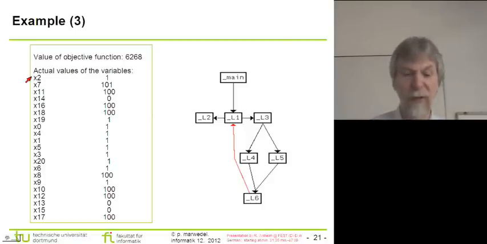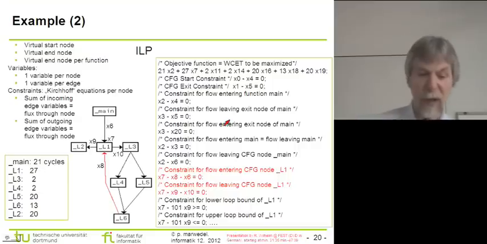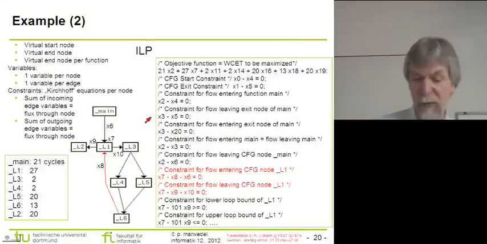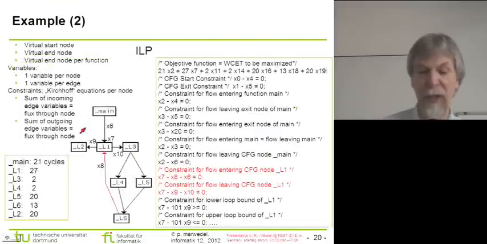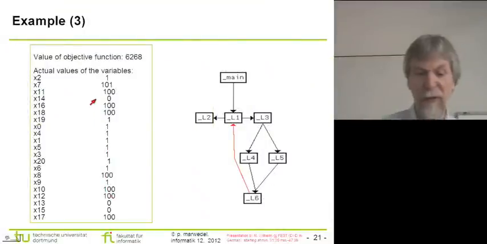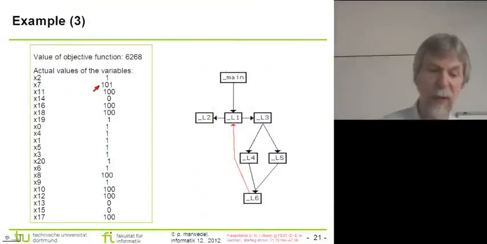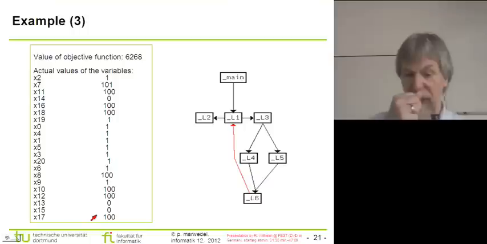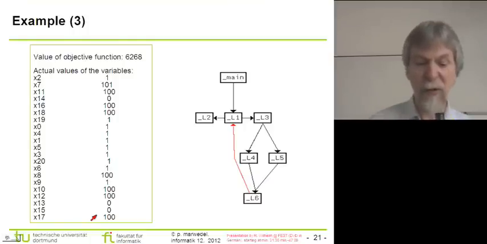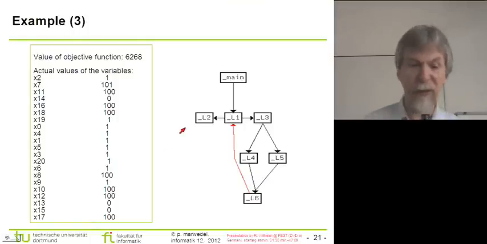That's something that we are starting only once. And then x7, reflecting the number of iterations over here, is 101. Well, that's obvious because for this loop we have 100 iterations and we have one final test. So the code there will be executed 101 times. So that means we also get information on the number of executions that are leading to the worst case execution time.